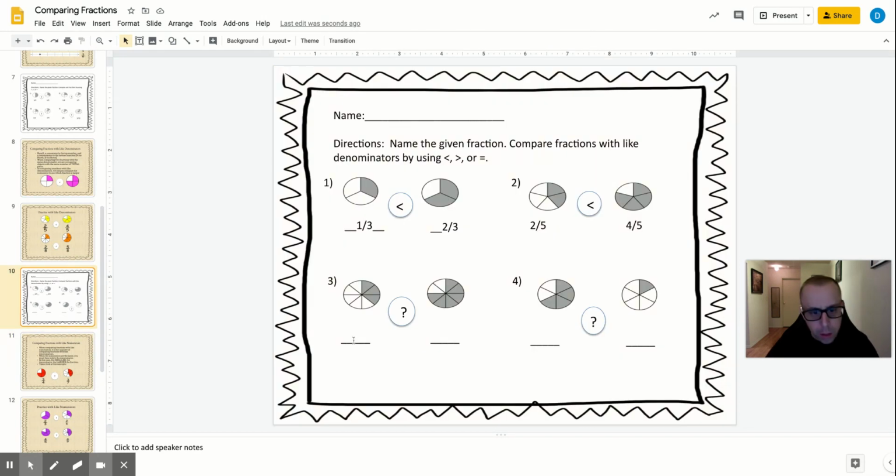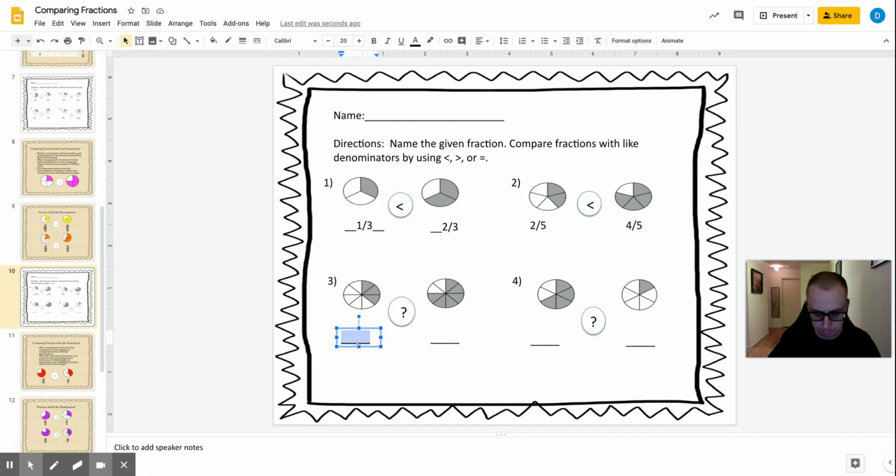So this here is 3/8. This fraction is also divided into eighths. If I count around, 1, 2, 3, 4, 5, 6, 7, 8. And here we have 6/8. You can see again, 3/8 is less than 6/8.